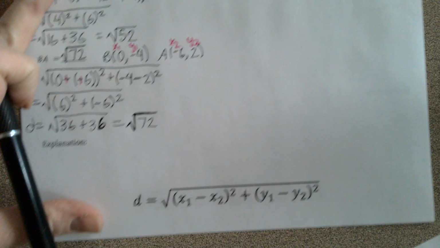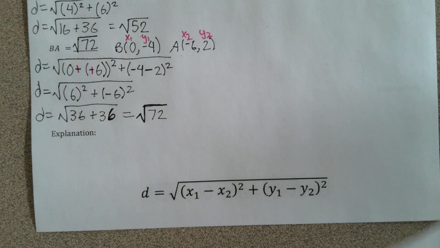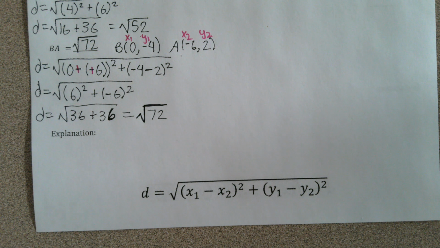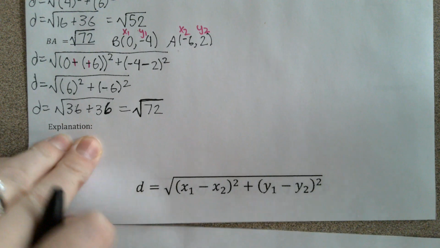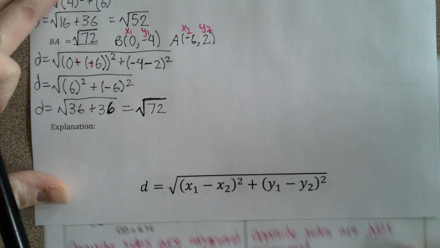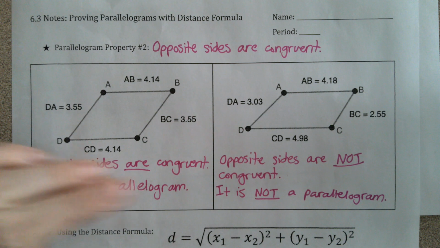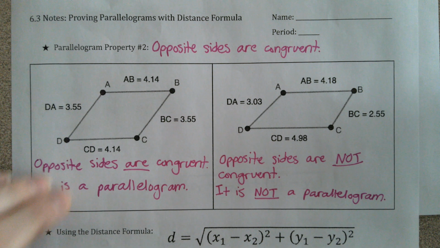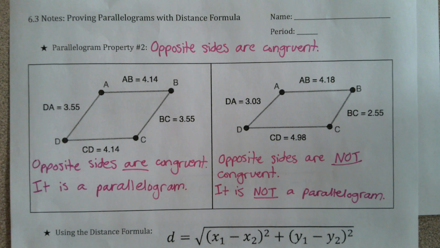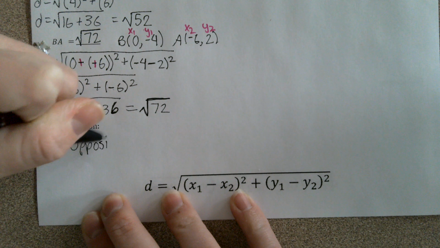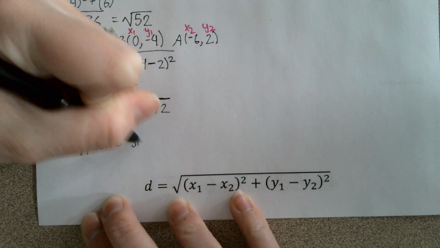For the explanation at the bottom, I know that when you ask a student to explain their work, sometimes that's a pretty scary thing to ask of you guys. But actually, what we're asking you to write is not bad at all. I am just asking you to write down the 2 sentences that go with your scenario, in this case, this one. So you're going to literally write, opposite sides are congruent.